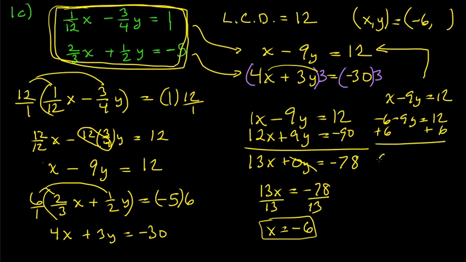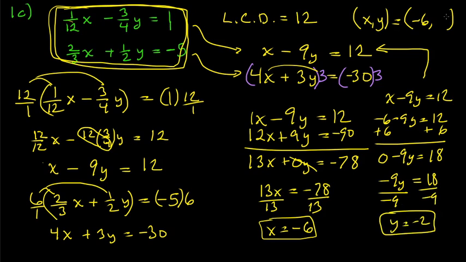So negative 6 plus 6 is 0. Negative 9y equals 12 plus 6 is 18. So if negative 9 times y is equal to 18, when you divide by negative 9, you get negative 2. So x is negative 6 and y is negative 2. And there's our solution, right? In the upper right corner, negative 6, negative 2.